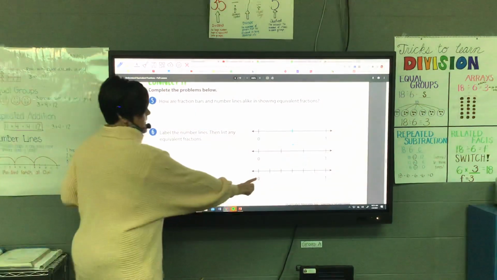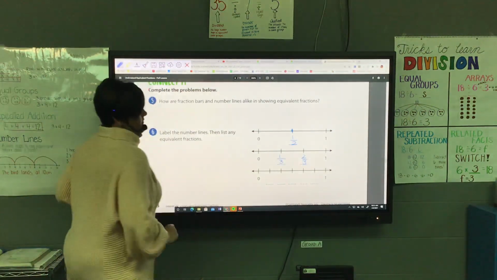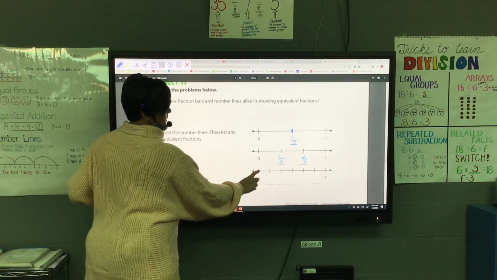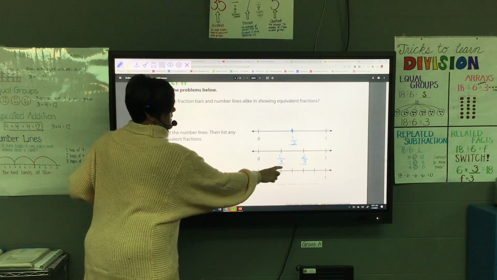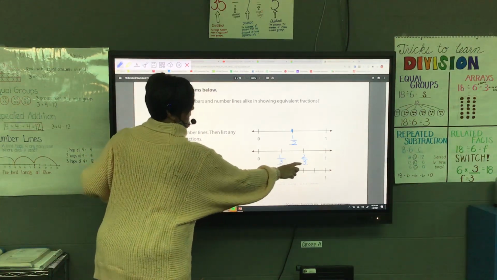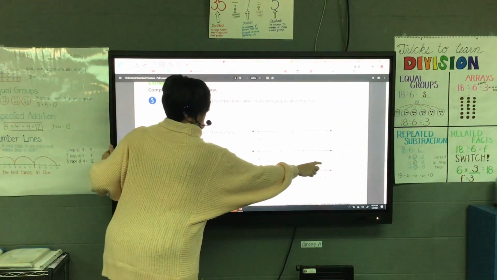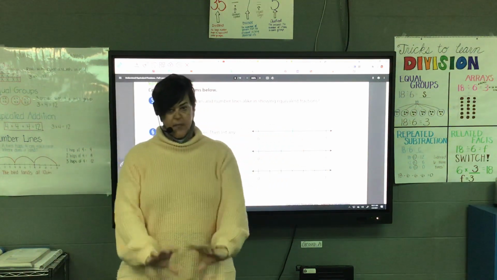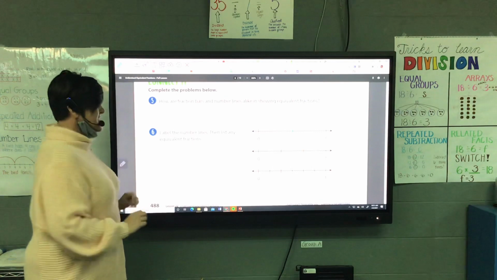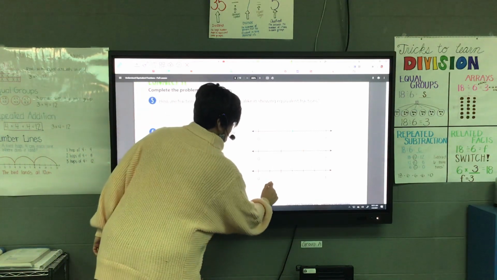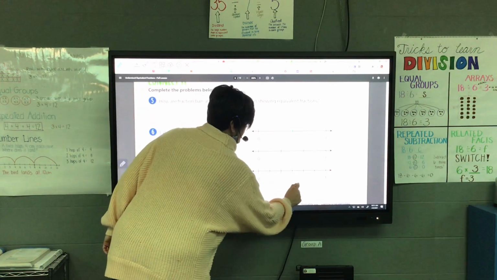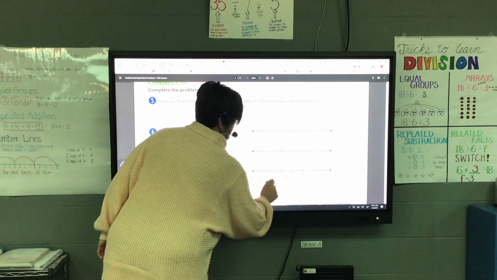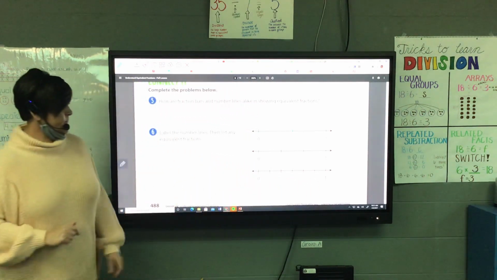Okay, let's look at this bottom fraction number line. Count the equal parts with me. 1, 2, 3, 4, 5, 6. What's our denominator, that bottom number? 6. It's 6 for every single one of these because they are all broken into 6 parts.